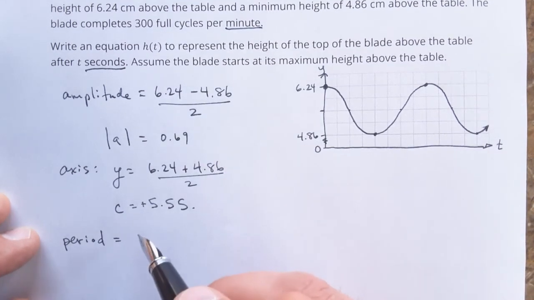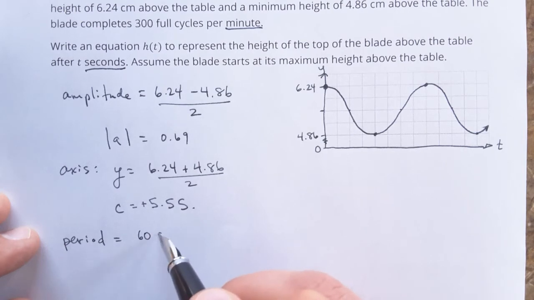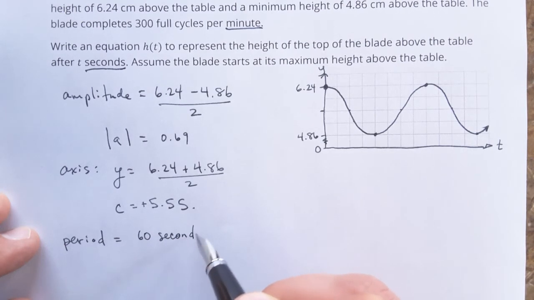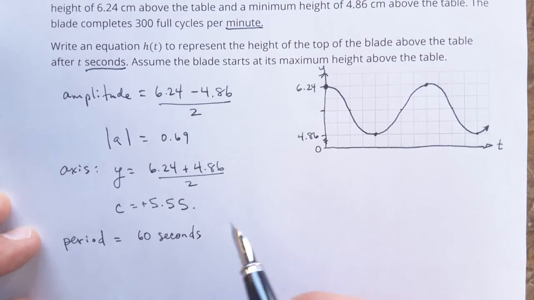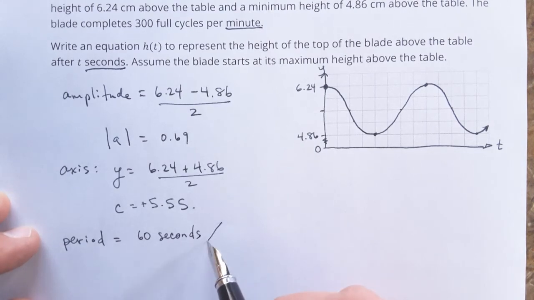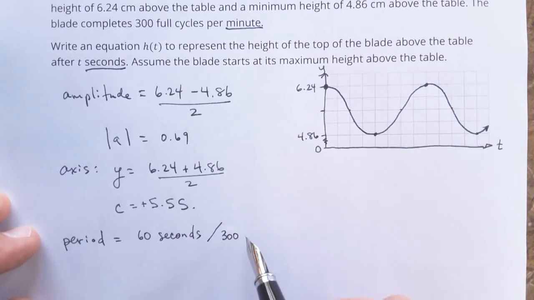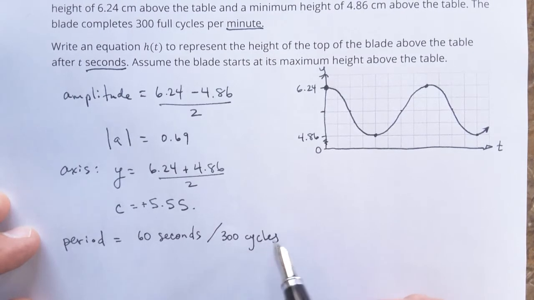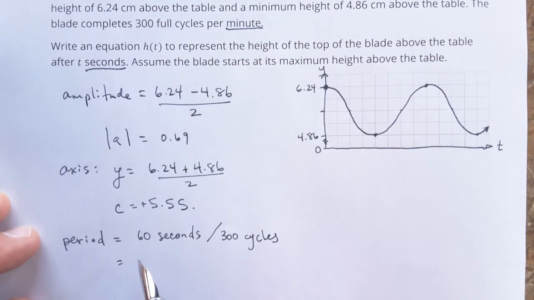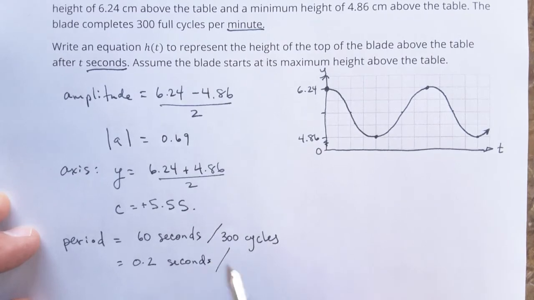So here I know that in 60 seconds I'm going to have 300 cycles. So if I divide by 300 cycles, you can see how the units will work out here. That's 0.2 or 1/5. That's seconds per one cycle.